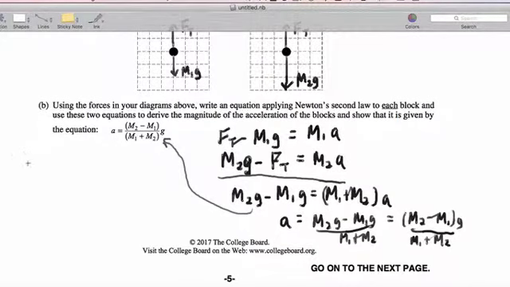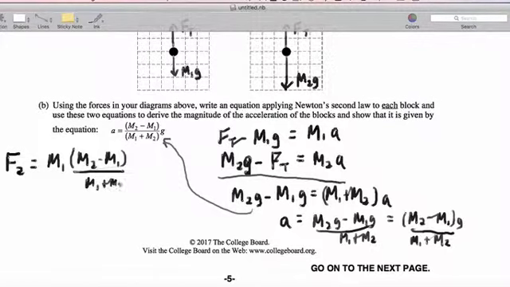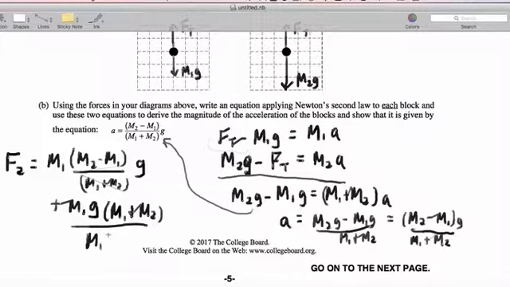So the tension here, Ft equals M1 times M2 minus M1 over M1 plus M2 times g plus M1 times g. Okay, I'm just basically solving this thing and isolating the tension there. So let's compare these two forces. And if I wanted to give them a common denominator, I could say this is M1 plus M2 over M1 plus M2.